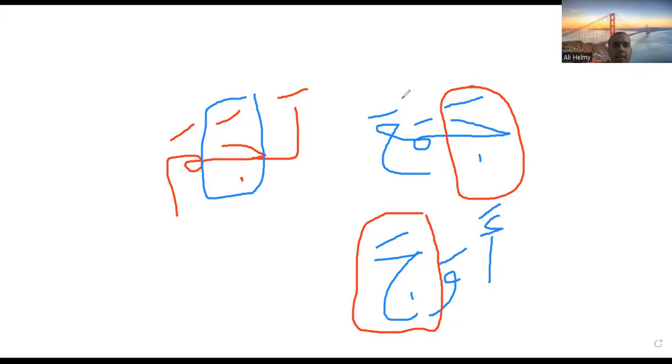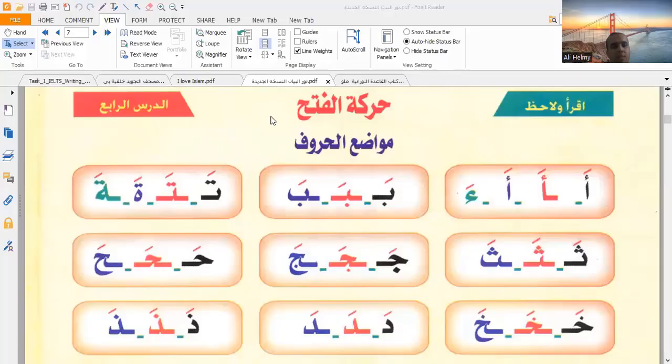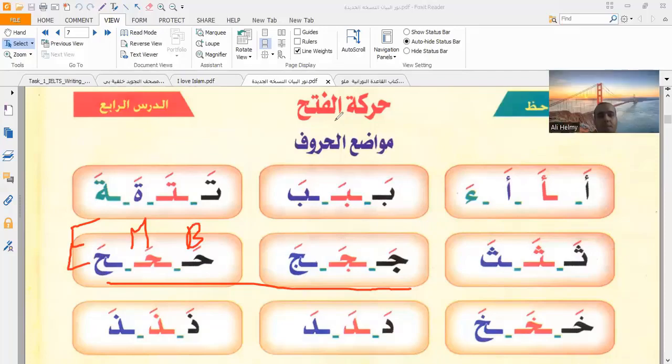Next one, ha. The same as well. It's the same shape as ja, but it doesn't have any dot. It's empty. So over here, ha in the beginning, ha in the middle, and ha in the end. It's dotless. The first one, ha, ra, ma. So we have here ha in the beginning.